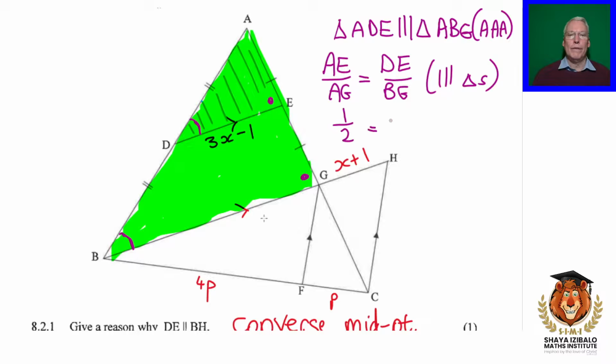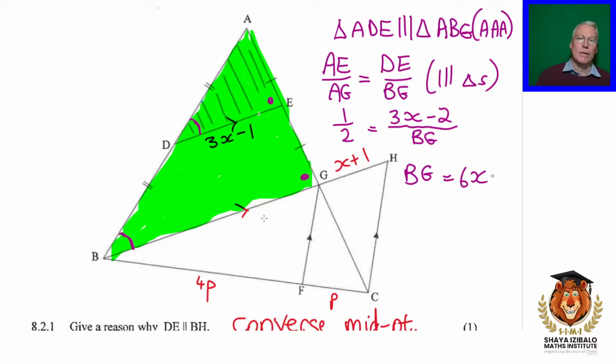So 1:2 is 3x minus 1, that's DE, over BG. And if we cross multiply, we get that BG is 6x minus 4. Not 6x minus 4. Was this 3x minus 2 or minus 1? This is 3x minus 1. So it's actually 6x minus 2.